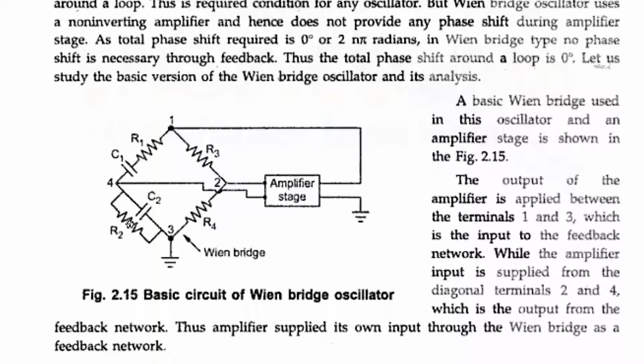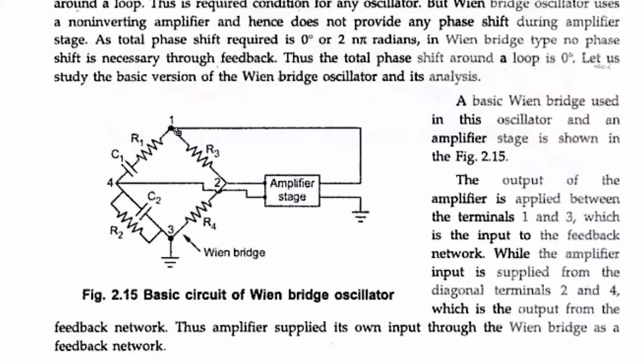If you consider this branch from this point to ground, and we are considering only the feedback network, the input to the feedback network is given at this point, and the output of this feedback network is taken from this point. So I can call this Vin, and I can call this VF, the feedback signal.